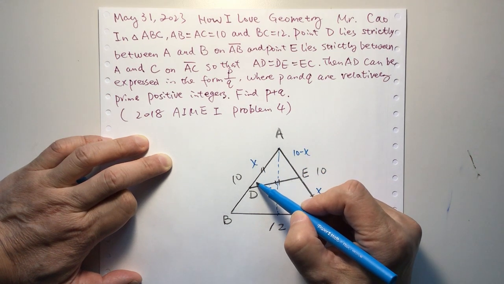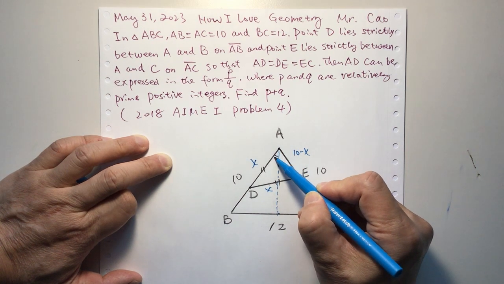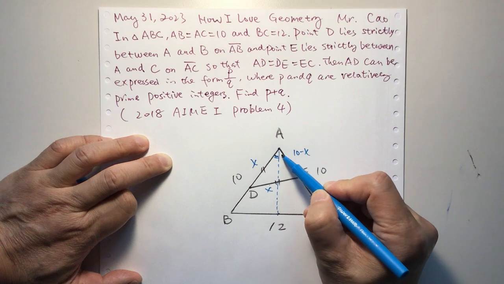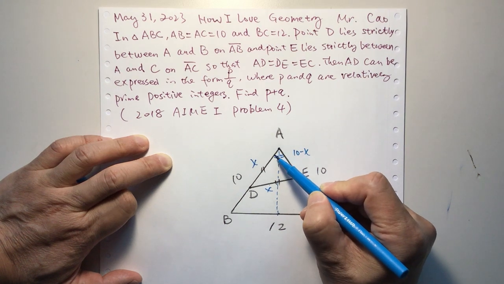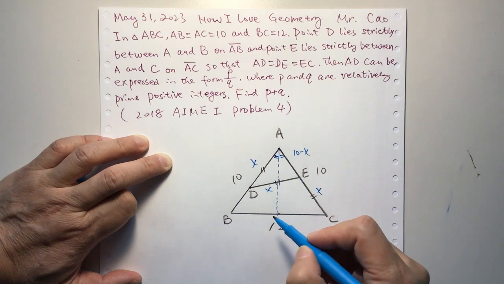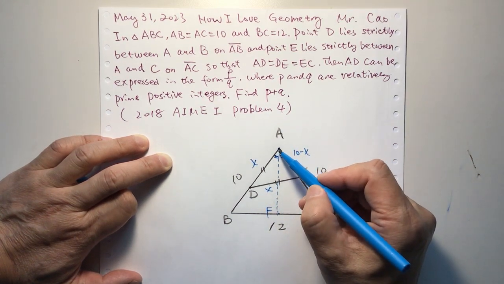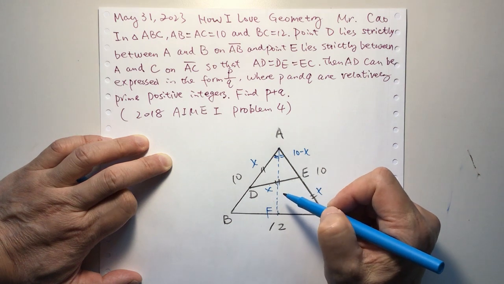Even though we don't know this angle, we can find some information about it. This angle is congruent to this angle, right? Because AF is also the angle bisector.